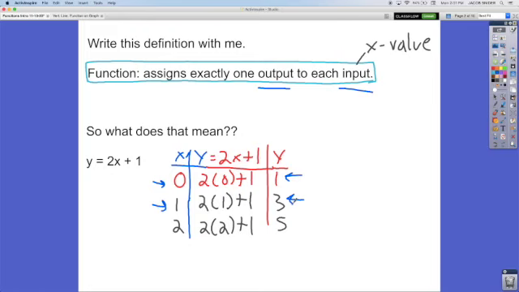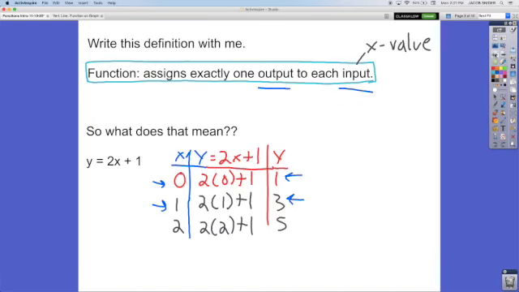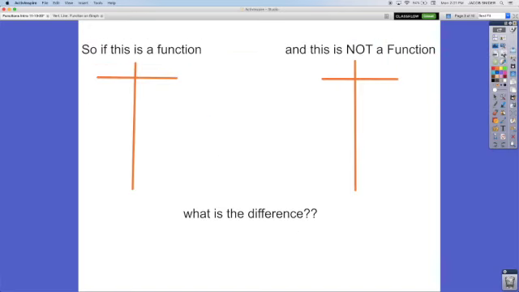Does that make sense, guys? Hopefully a little bit. So the one we just did, with x and y values 0, 1, 1, 3, 2, 5, is a function. This other one is not a function.